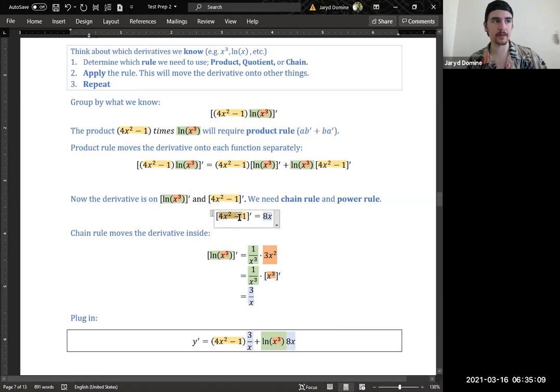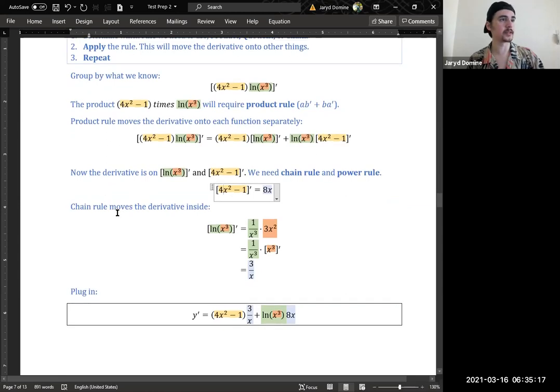To take the derivative of 4x squared minus 1, the power rule says the power comes down, and we get 8x. For the chain rule, we have natural log of x cubed. We take the derivative of natural log, which is 1 over x, and we leave the inside alone, so instead of 1 over x, we have 1 over x cubed.